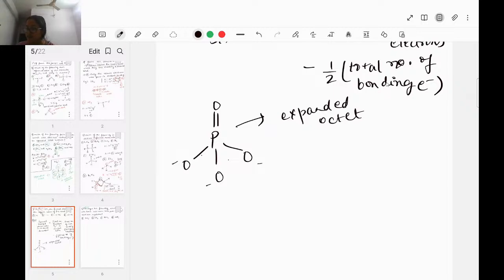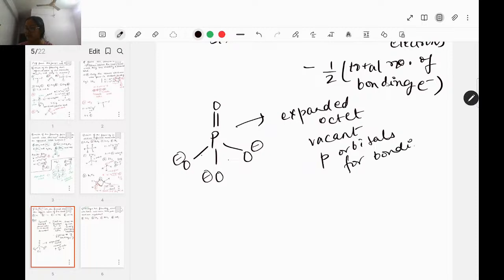Why? Because it has lots of oxygen atoms around it, so it likes to mingle with lots of people. That is the only reason. The chemical reason behind it is that phosphorus has vacant p orbitals for bonding. So that is also a reason.